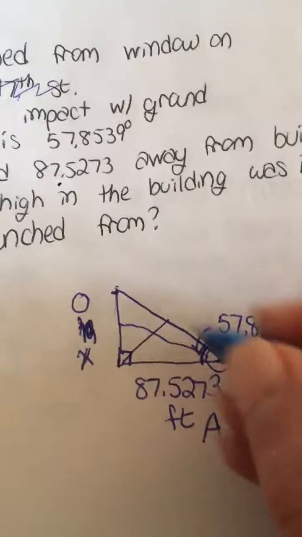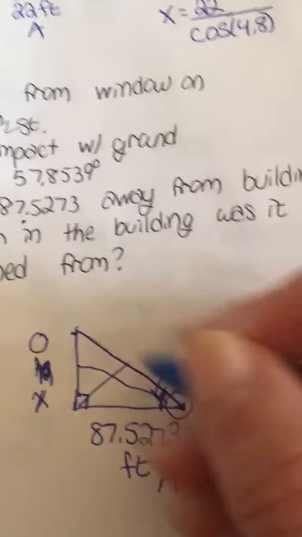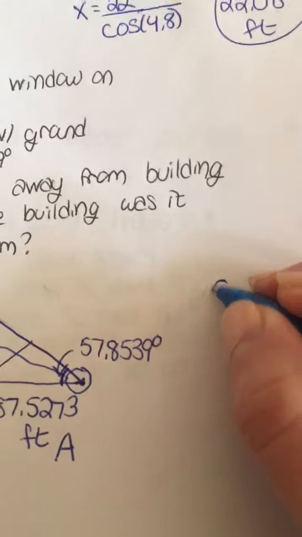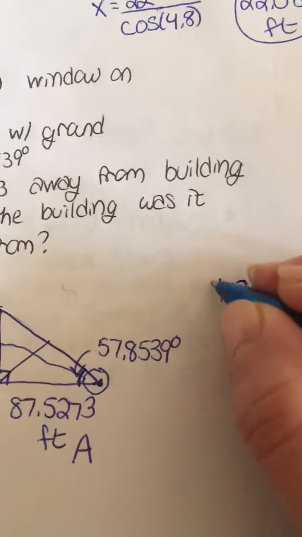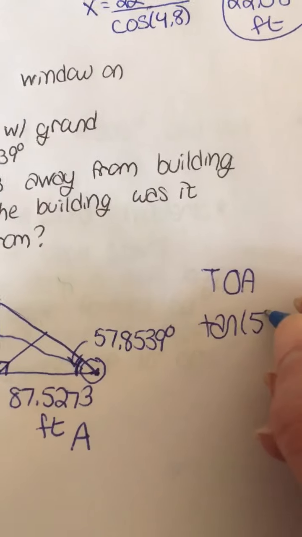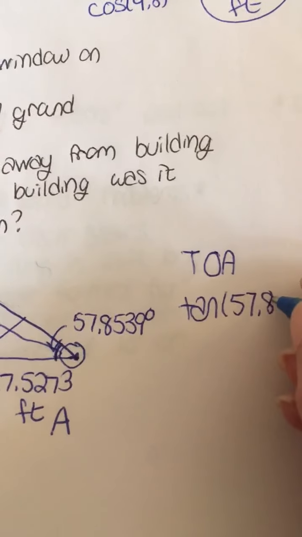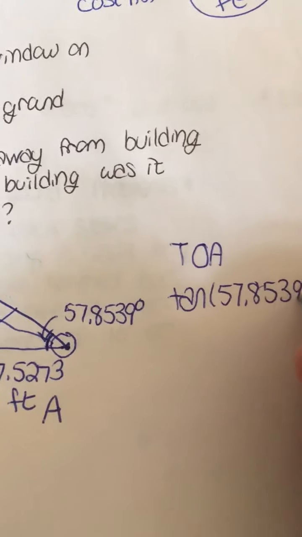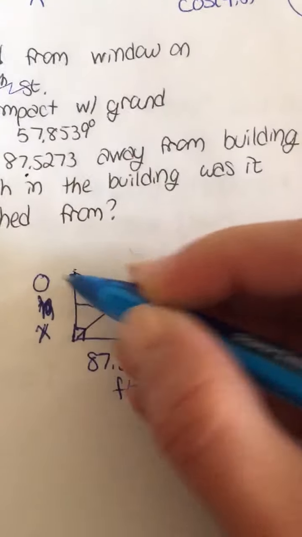Alright, so here we have opposite and adjacent. We don't know anything about the hypotenuse, we don't need it. So OA is TOA. So that tells you to use tangent of the angle 57.8539 equals opposite over adjacent.